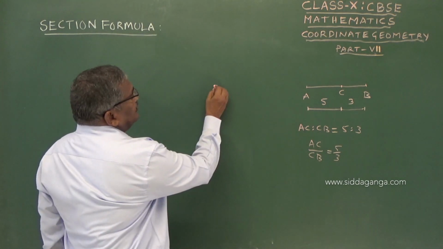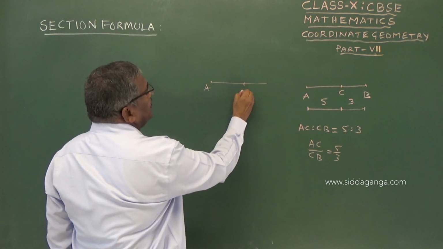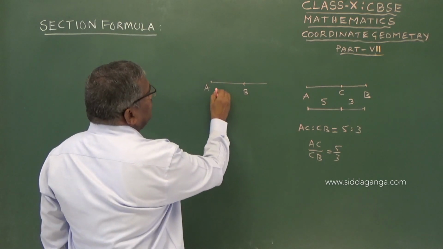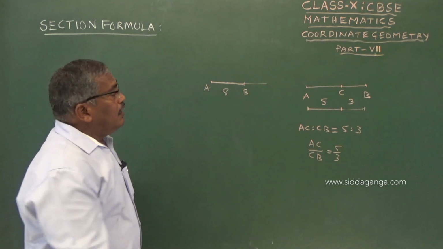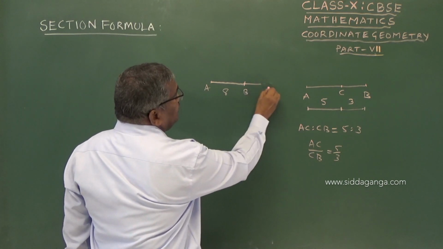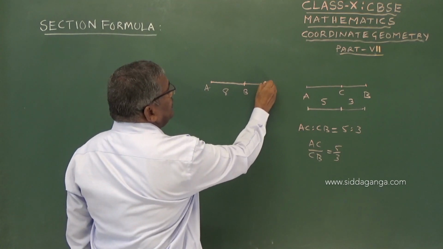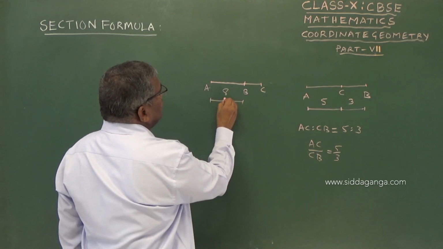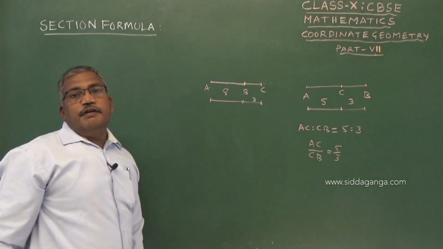The other thing is, suppose you have a line AB like this, this is point A, this is point B, and AB distance is, let us say, 8, and C is another point which is on the extended portion of AB, and say this is point C, and BC distance is 3.